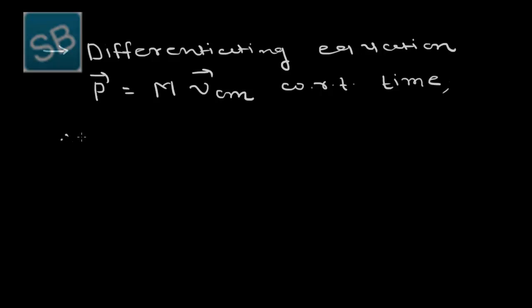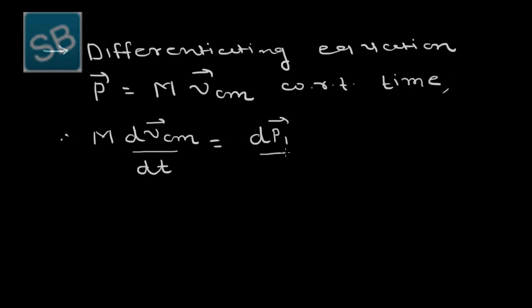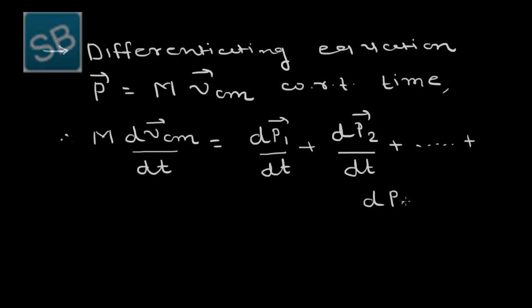Therefore, M dV_CM by dt is equal to dp1 by dt plus dp2 by dt plus so on, dpn by dt.